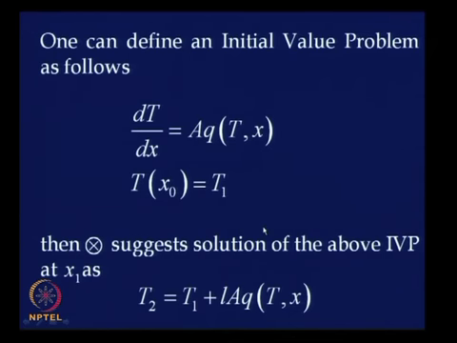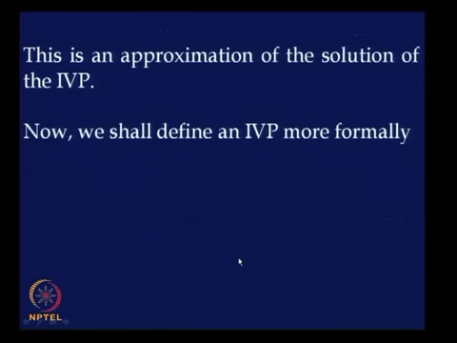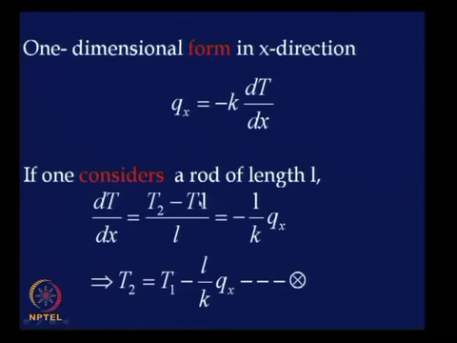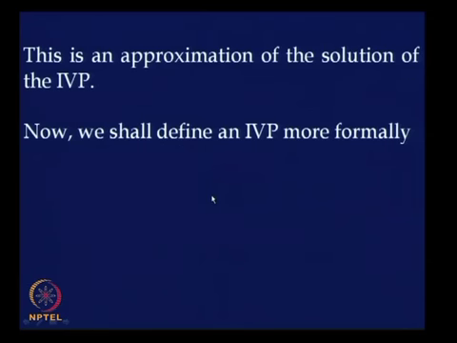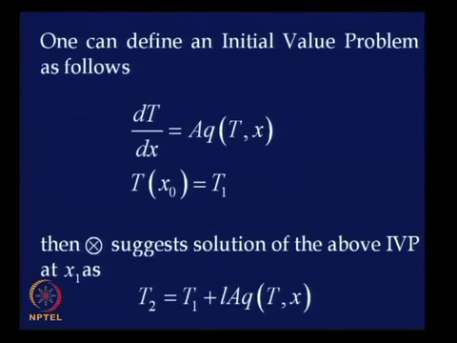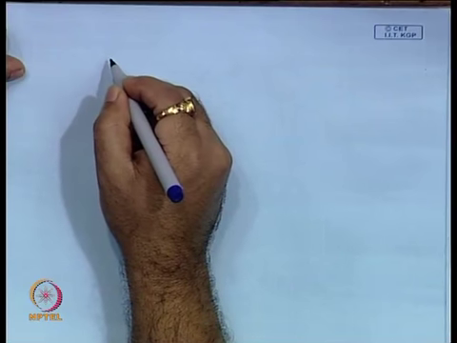So, this is the general motivation for how an initial value problem may occur, and what the solution will be. Of course, this is an approximation when we say T2 plus T1 etcetera, because the gradient has been approximated by this. So, now we are in a position to define an IVP more formally. Let us look at a few examples before we define it more formally.